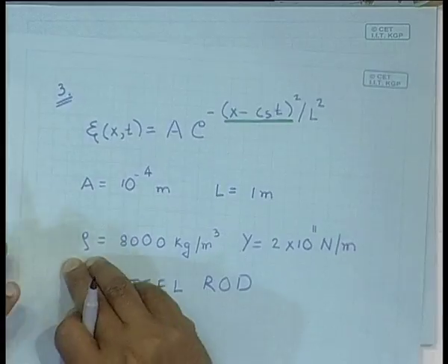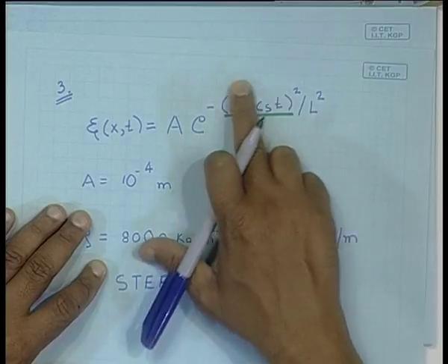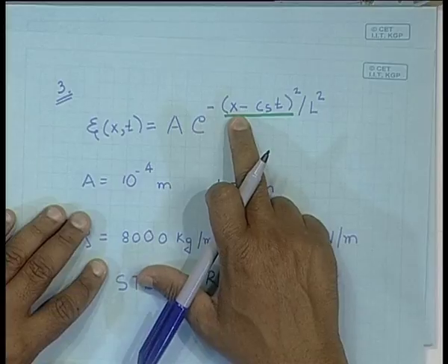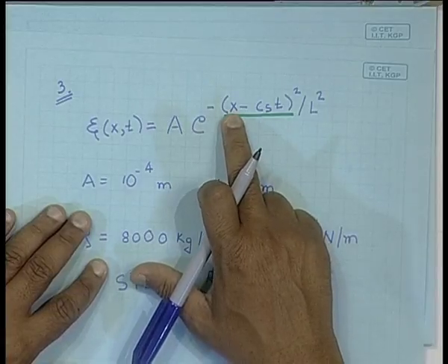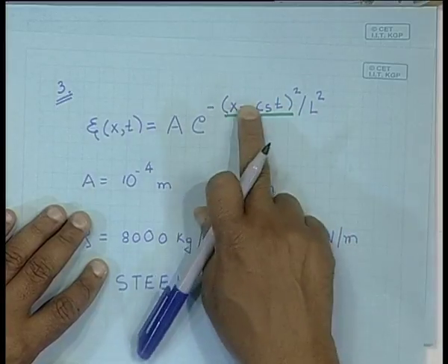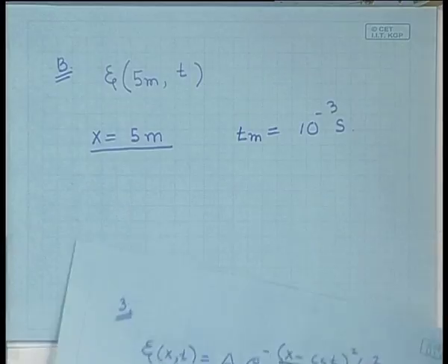The displacement is going to be maximum when this argument is 0, and we have already found out that this argument becomes 0 when t is equal to 1 millisecond. So, we already know this.